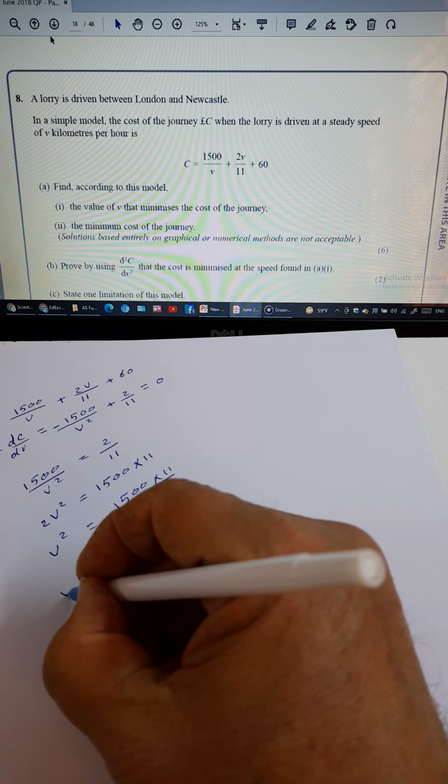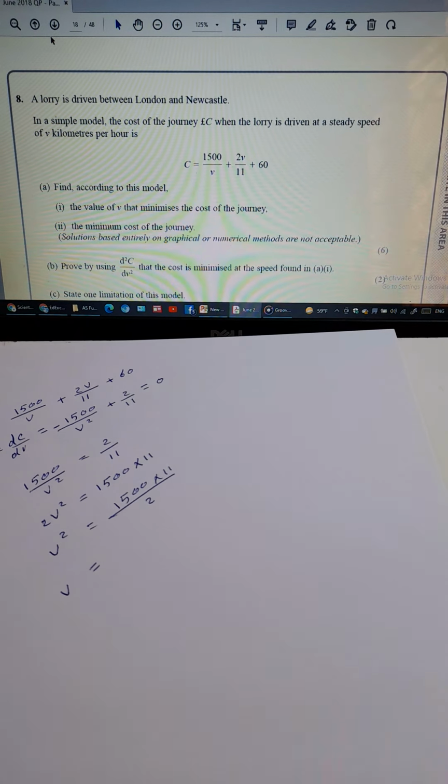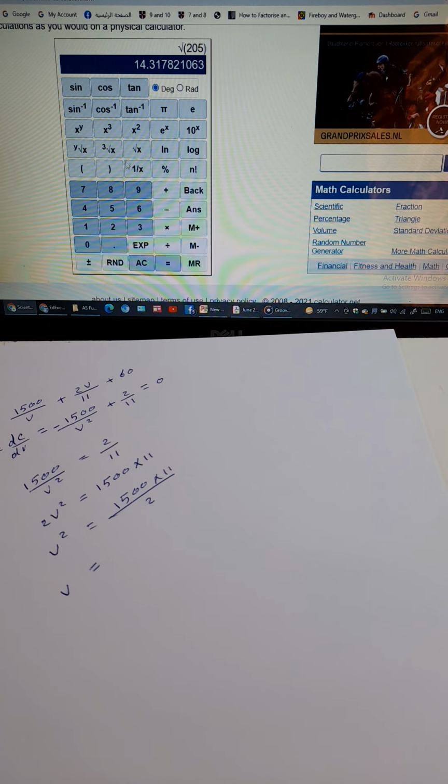So V is the square root of this. We multiply 1500 by 11 and divide it by 2.